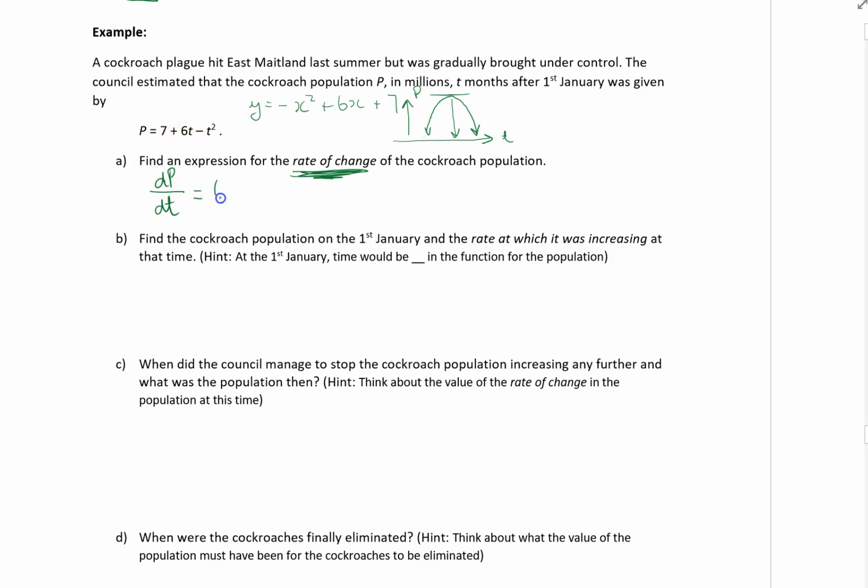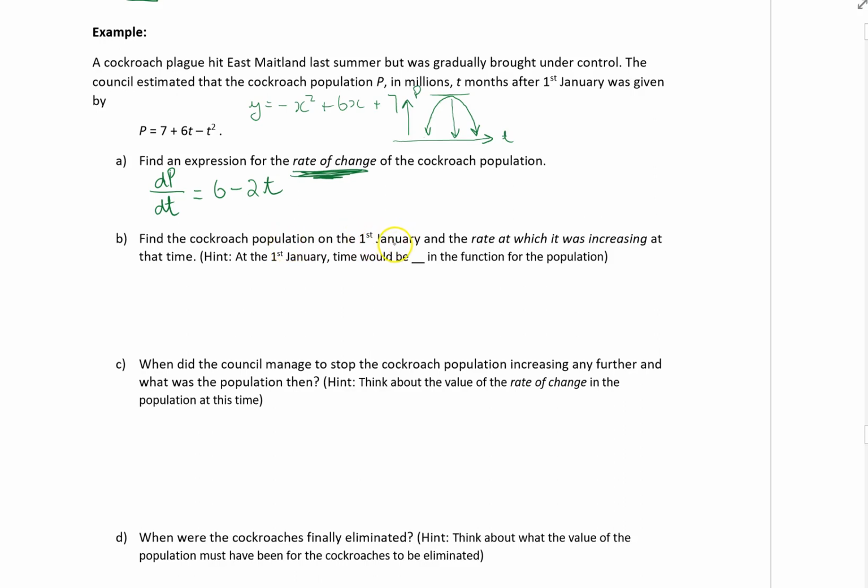And you can see that is 6 minus 2t. So the rate of change is just a nice straight line. It says, find the cockroach population. Oh, so back to the cockroach population. So we're not talking rate of change here.